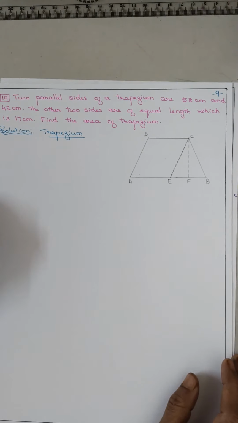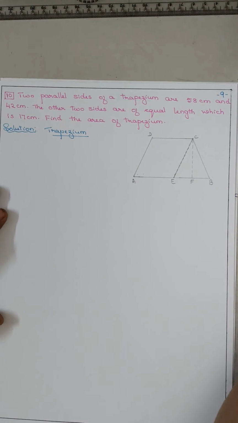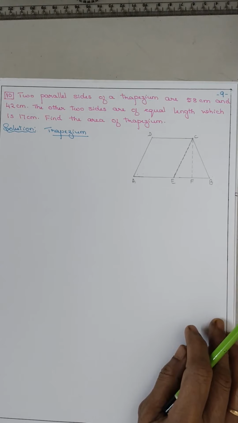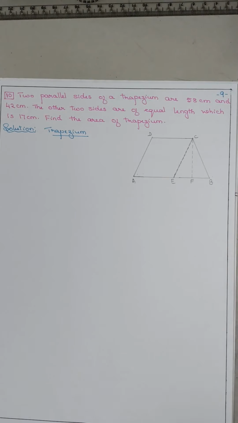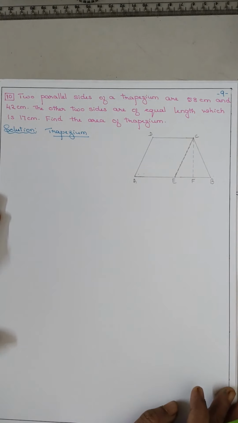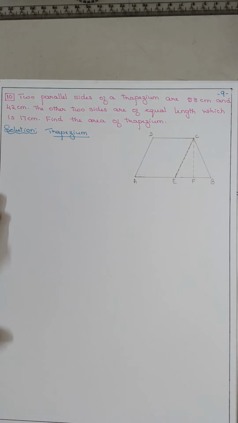The other two sides are of equal length, which is 17 centimeter. And find the area of the trapezium. Remember the example 3, बड़ा वाला सम. इधर हाइट नहीं दिया है, we have to find out the height, that type of sum.